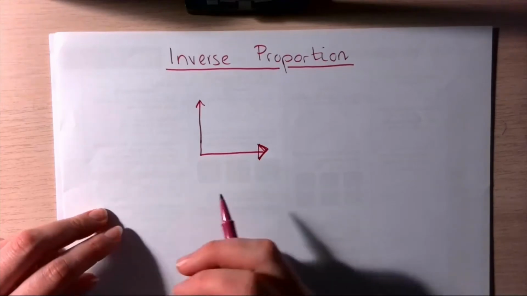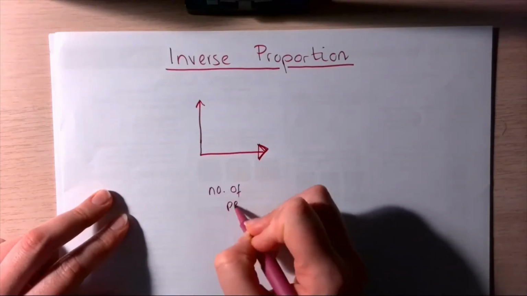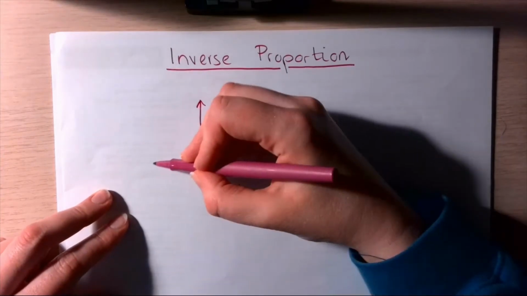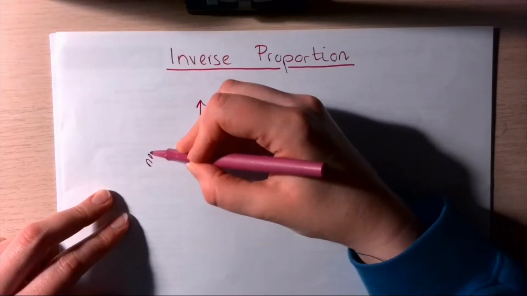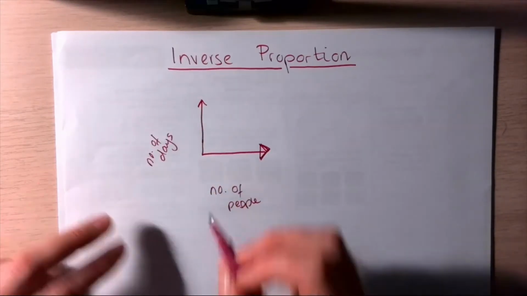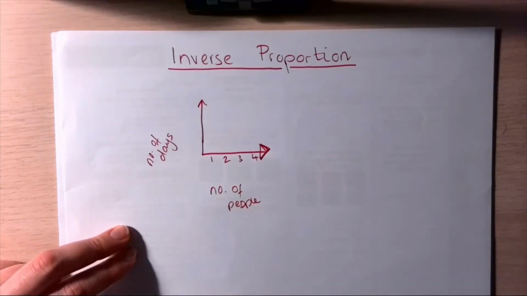People always forget it. So if we've got, let's say, number of people along this way, and number of days up the side, and let's say we've got 1, 2, 3, 4 along here.